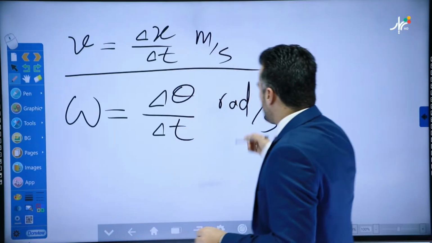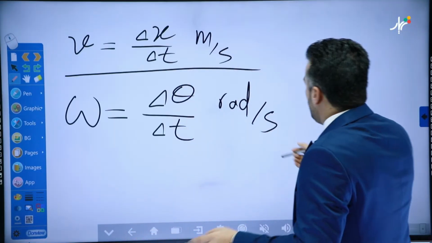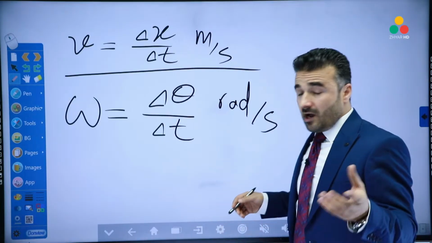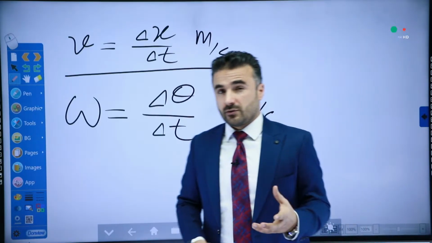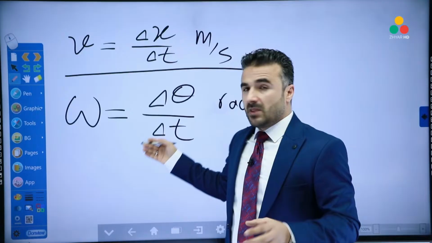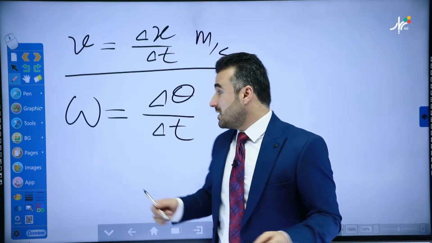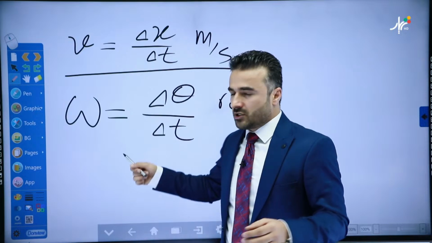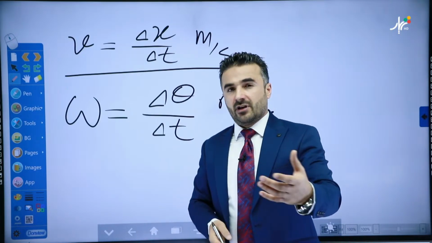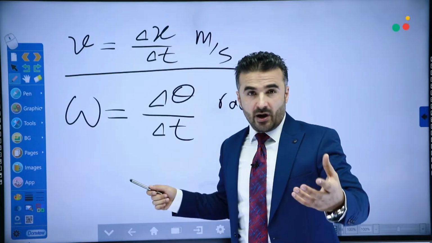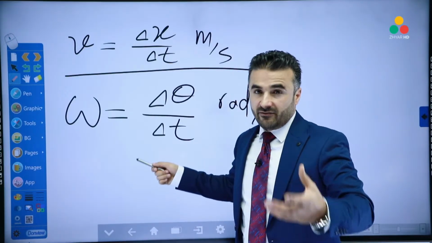Now, how would you define angular speed? You don't have to memorize definitions as much as you need to translate equations and convert them into a definition. Whenever something is divided by the time, we can say it is the rate of.